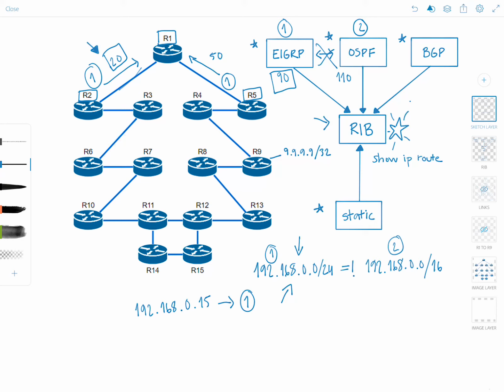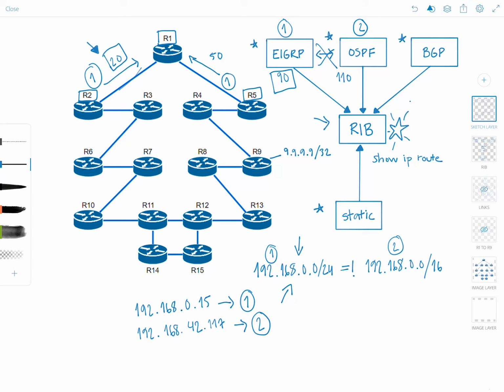But then let's take, for example, 192.168.42, because that's the answer to the universe, dot, I don't know, 117. So that would now be forwarded using route number 2.